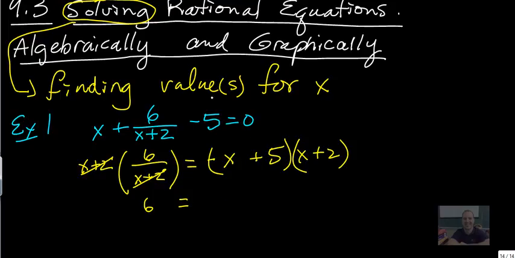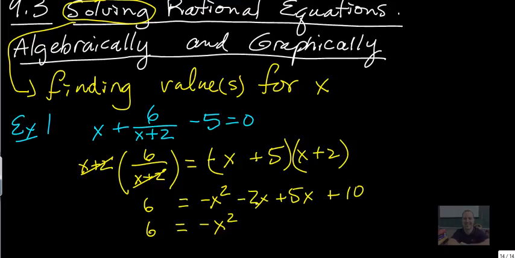And if we do your FOIL method, or you distribute, we're going to get negative x squared minus 2x plus 5x plus 10, which simplifies to negative x squared plus 3x plus 10.